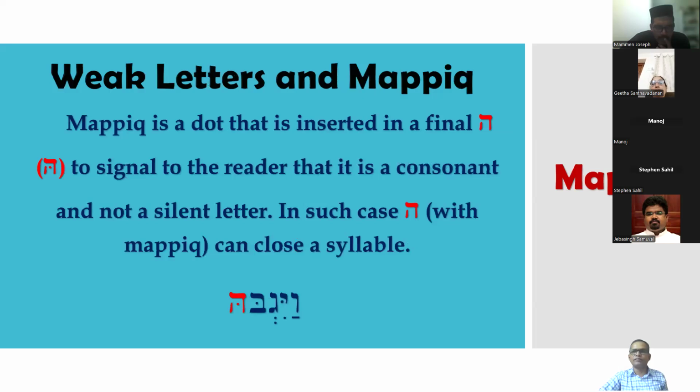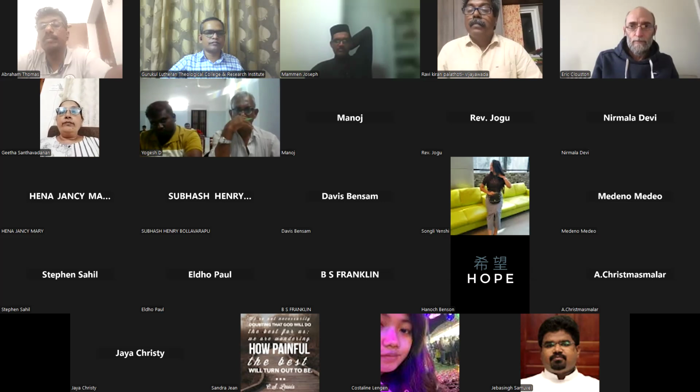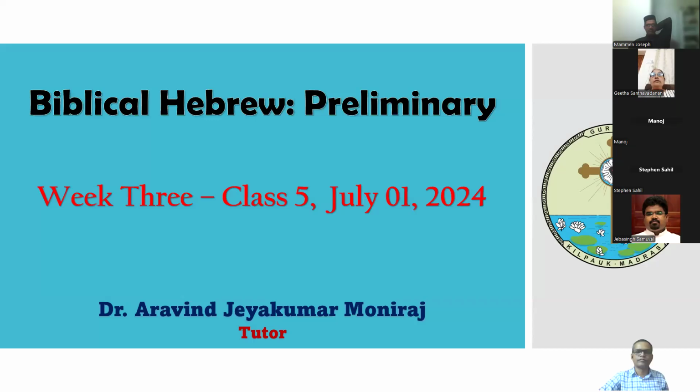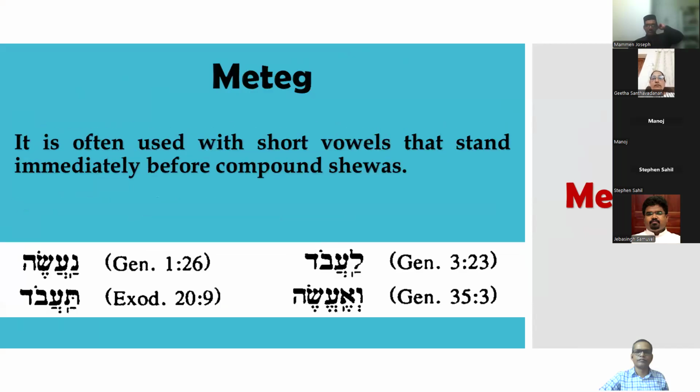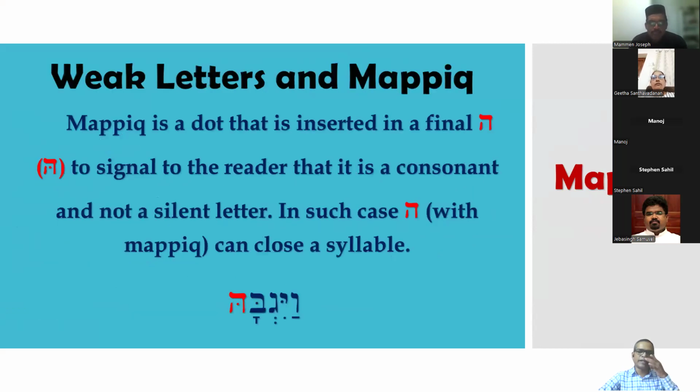Okay, let me project once again. So if you see here, Vayik ba, I'm pronouncing it as Vayik ba.